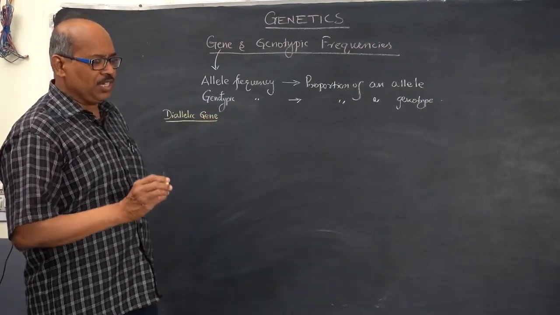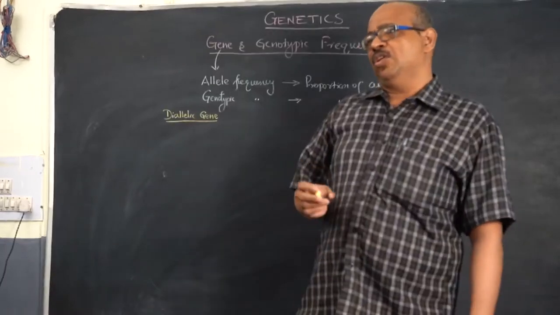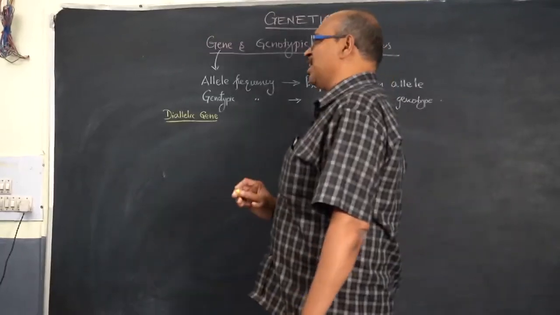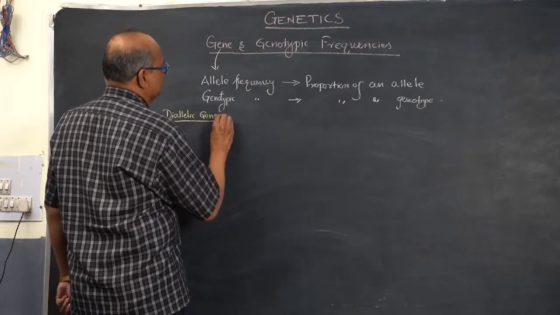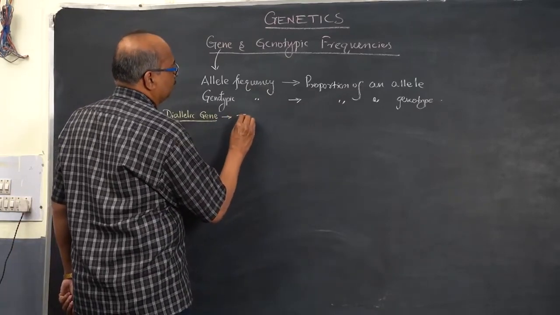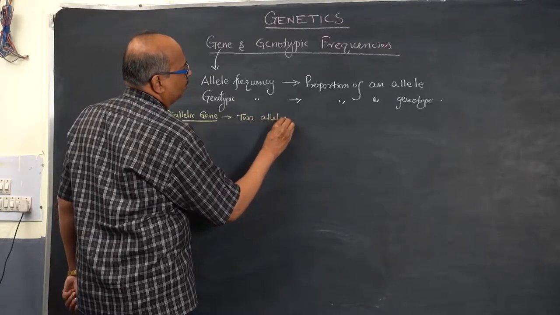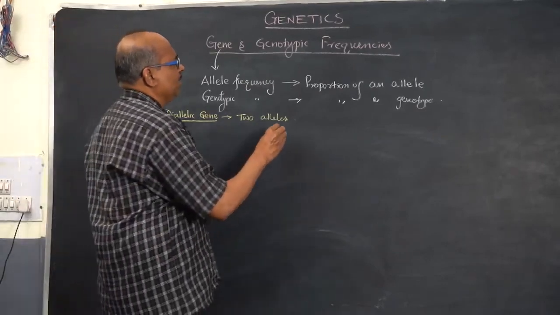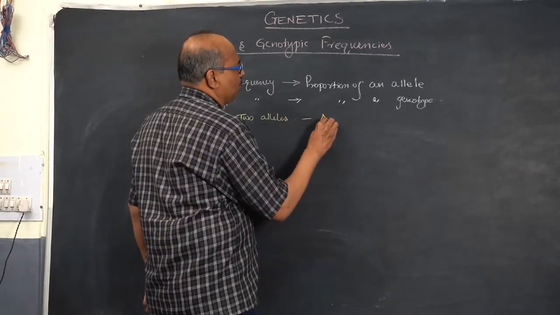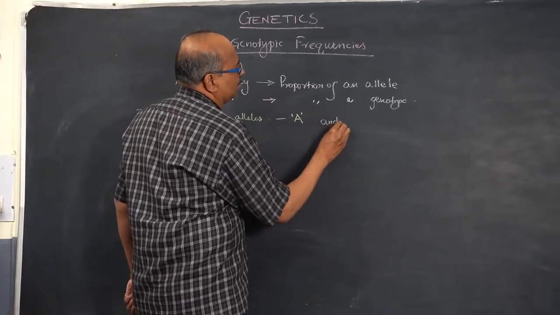So when you say a gene is diallelic, it means it has two contrasting copies or two contrasting alleles. For simplicity we will say one allele is dominant and another allele is recessive.